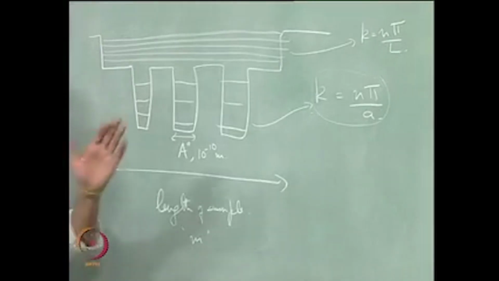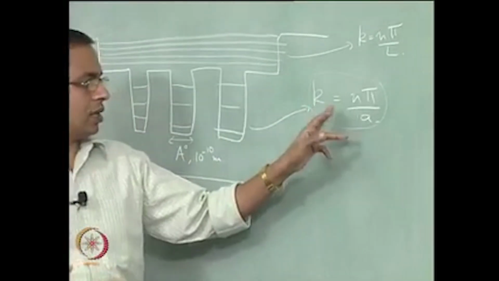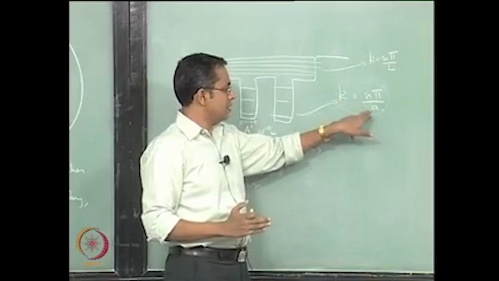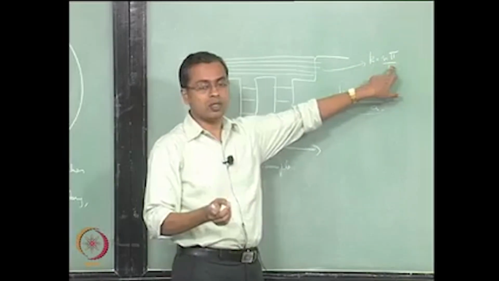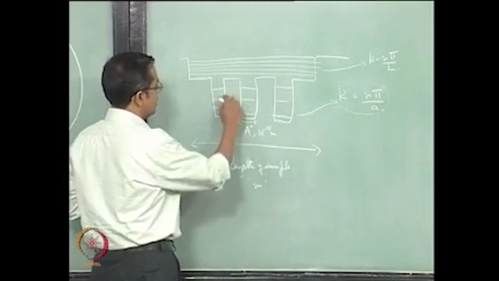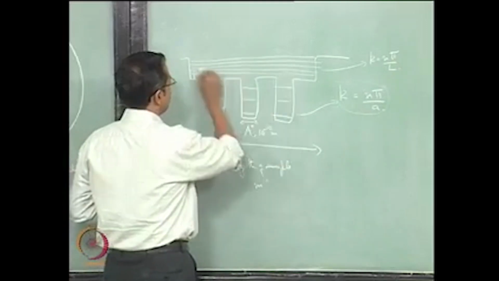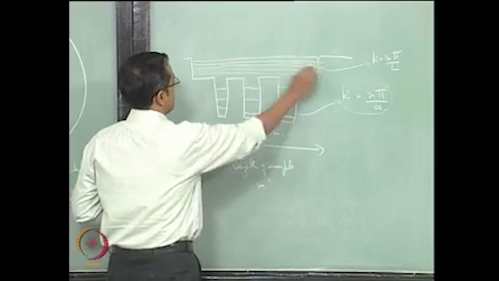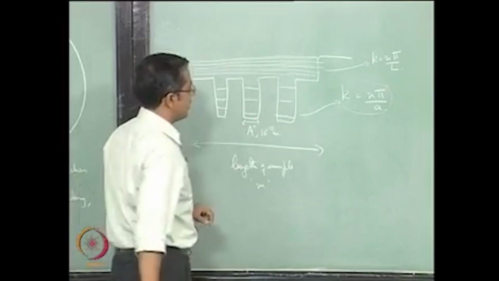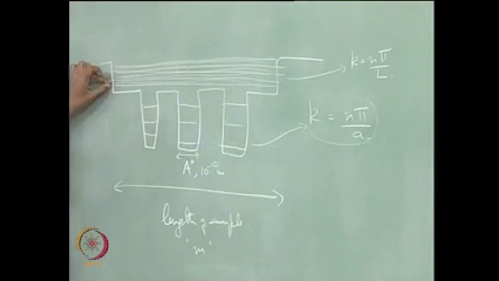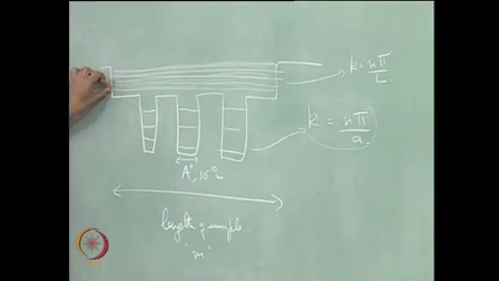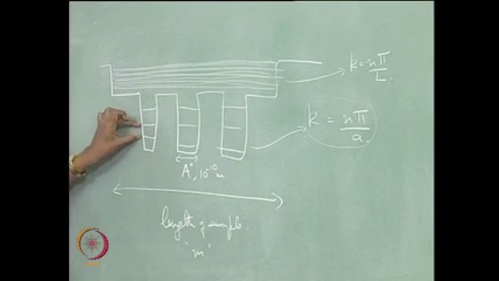So the spacing between the allowed k vectors in this case is large, and in the other case the spacing between the allowed k vectors is small. That is why in this figure you can see this large spacing. Of course this is only an indicator I have shown you. In principle there are several orders of magnitude difference between the spacing of the allowed energy levels here relative to the allowed energy levels here.